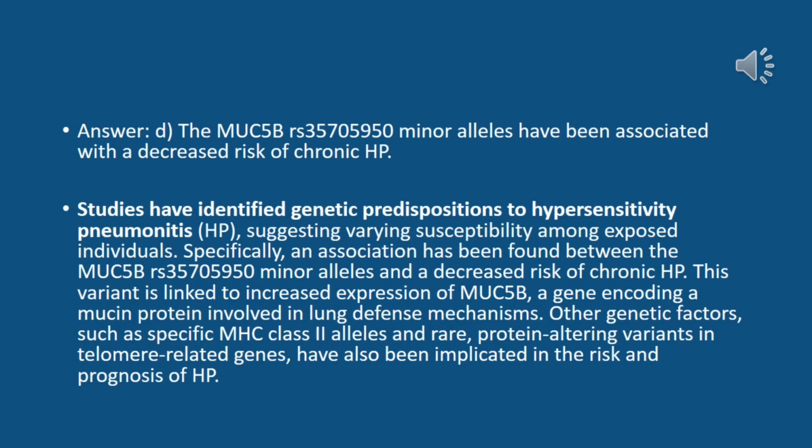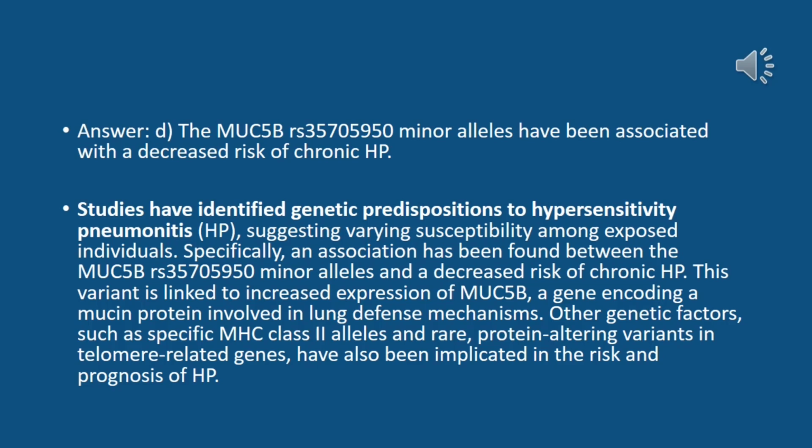Answer: D. The MUC5B rs35705950 minor alleles have been associated with a decreased risk of chronic HP. Studies have identified genetic predispositions to hypersensitivity pneumonitis, HP, suggesting varying susceptibility among exposed individuals.